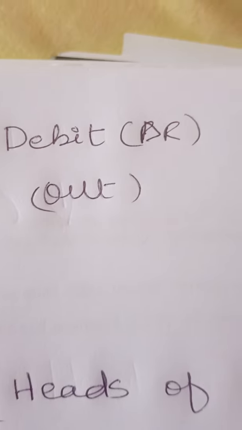First things first, we should understand these two, and then later on we are going to move towards the heads of accounts. There are two ways to record our heads of account. One is debit, the other one is credit.